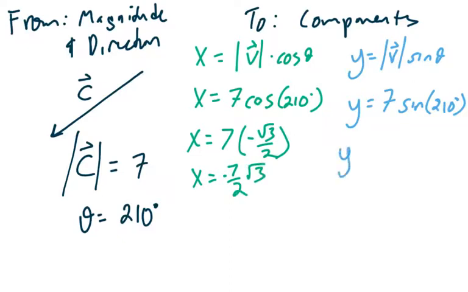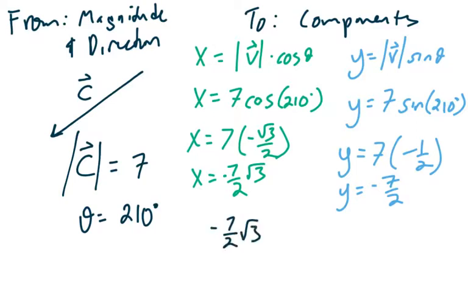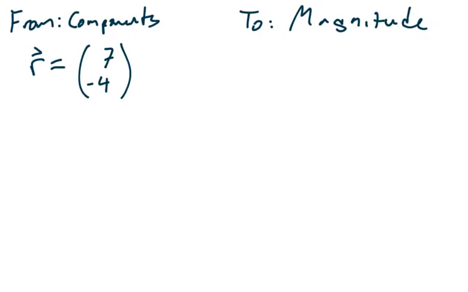And then y is 7 times negative 1/2, which would make it negative 7 halves. Putting that in component form, I would have negative 7 halves rad 3 i hat plus negative 7 halves j hat.